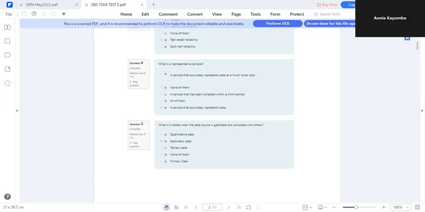For number 4, what is a representative sample? This is a sample that accurately represents the data. Okay. Explain.